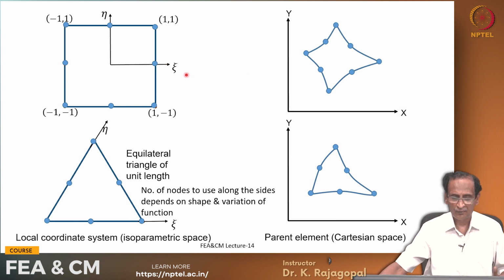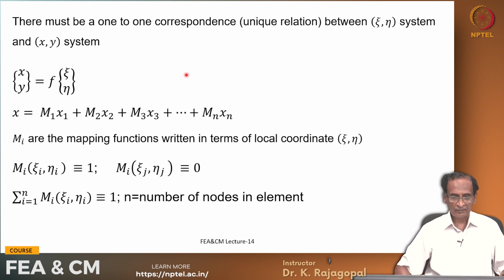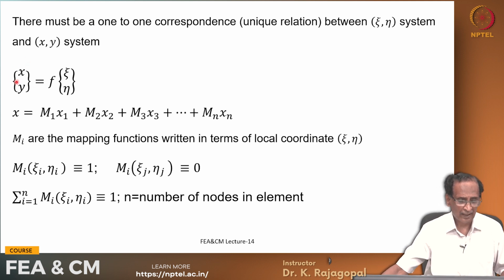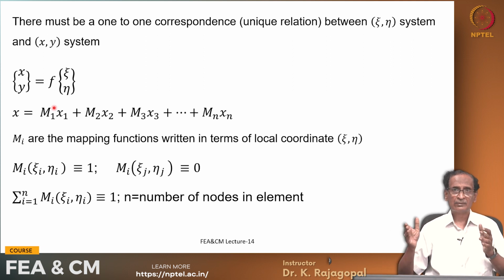Okay, this could be in 1-dimensional or 2-dimensional or 3-dimensional, and we are mapping x and y to xi and eta through some functions. And let us develop some mapping functions m1, m2, m3 and so on, which are written in terms of xi and eta, so that we can map between Cartesian space and then the isoparametric space.